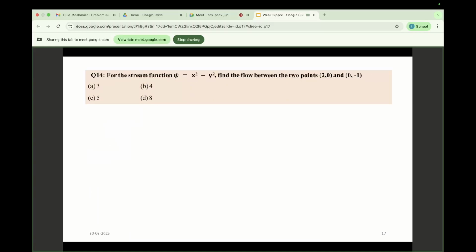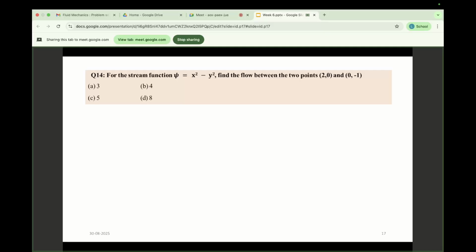So here also a stream function is given and you are asked to find the flow between 2 points. It's quite an interesting question. I am giving you 2 minutes to solve this one. I am just explaining a thing for you. If it's a 2D flow, it must be incompressible. The stream function means the flow rate.